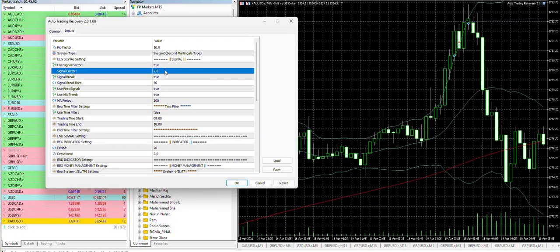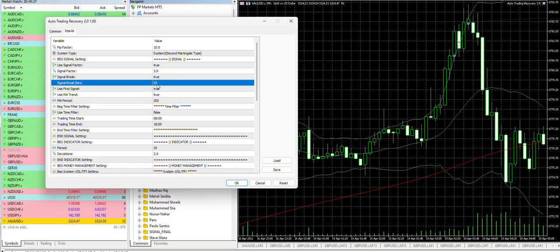Increasing this value will increase the success ratio in the long run, but it will decrease the number of trades, so it will decrease the total net profit. But that's for increasing the success ratio, because the entry happens only on strong movement.